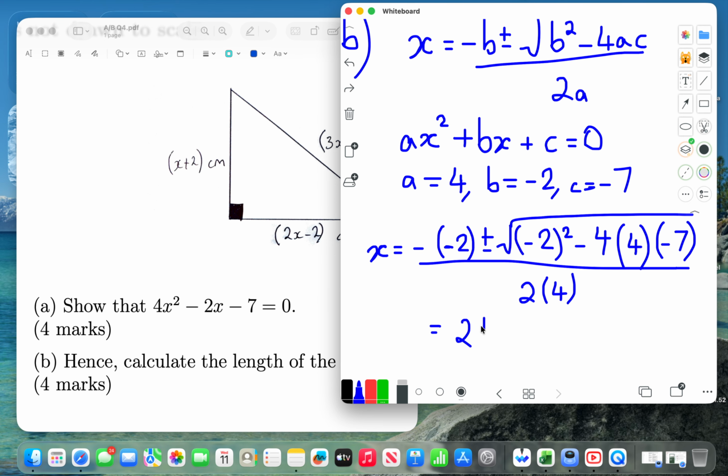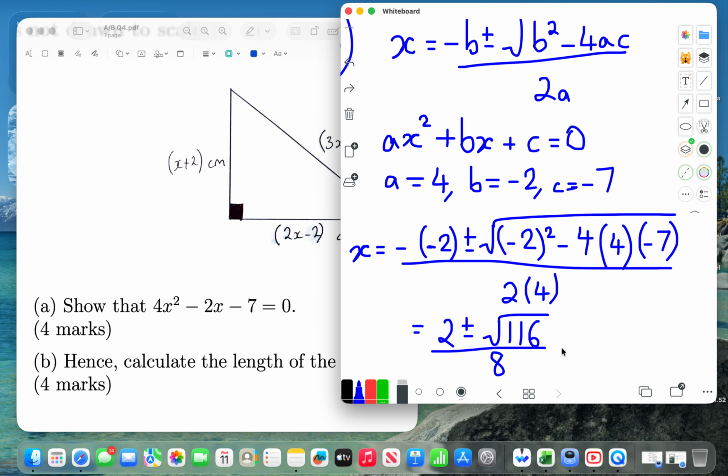So let's simplify this a bit. Let's evaluate the discriminant, that being the value inside the square root. So minus 2 squared is 4. Then you just plug the rest into the calculator and you get 116, all over 8.